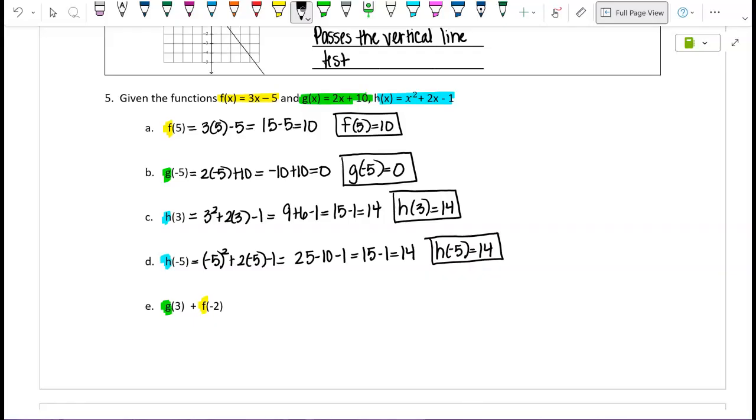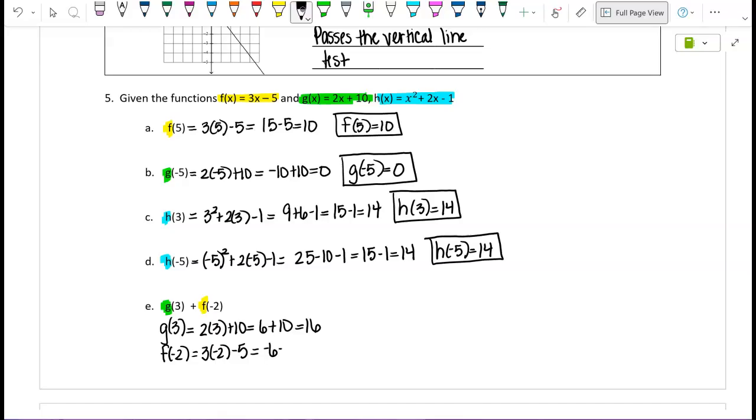Now for E, they want you to add G of 3 to F of negative 2, which means I need to figure out what each of those are. So G of 3 would be 2 times 3 plus 10. 6 plus 10 equals 16. F of negative 2 is 3 times negative 2 minus 5.